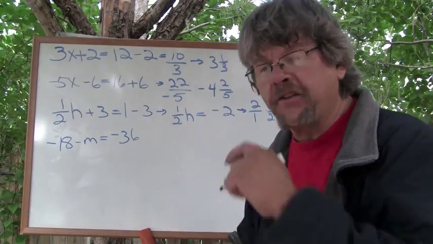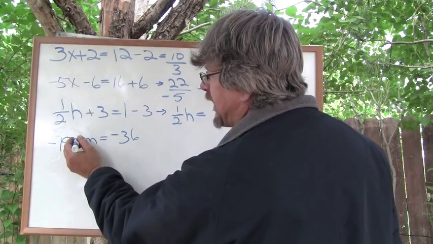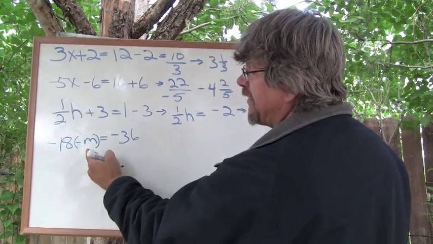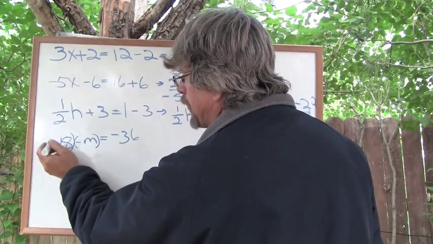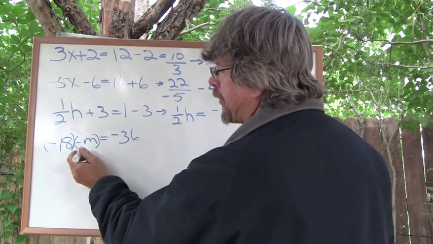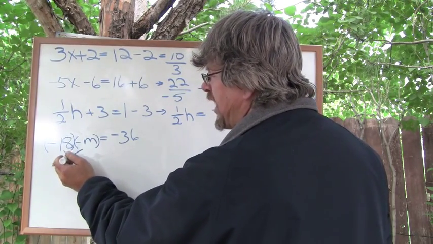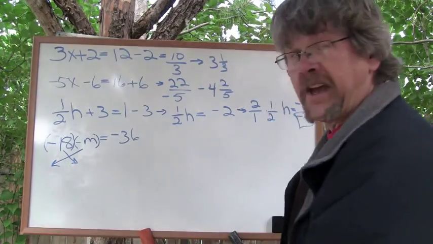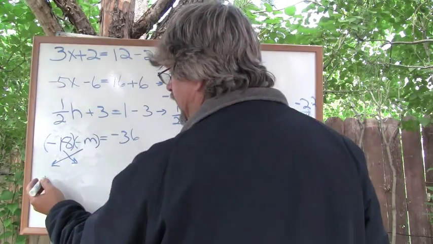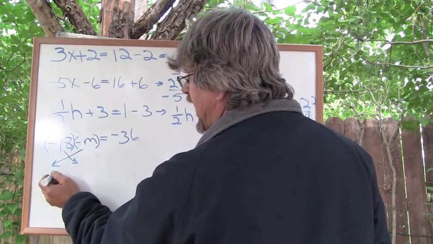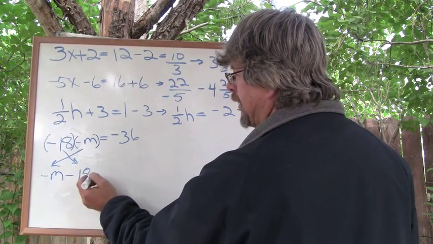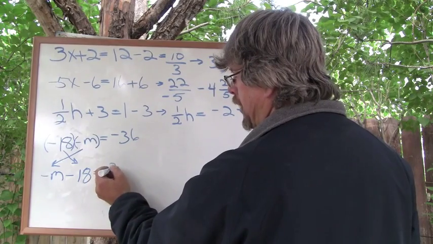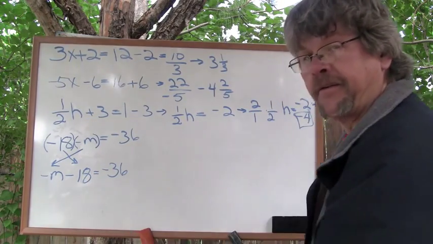How do we know this? If we keep the signs together with the numbers, this is very critical, we can exchange the order that they appear. So that this is really negative m minus 18 equals negative 36.